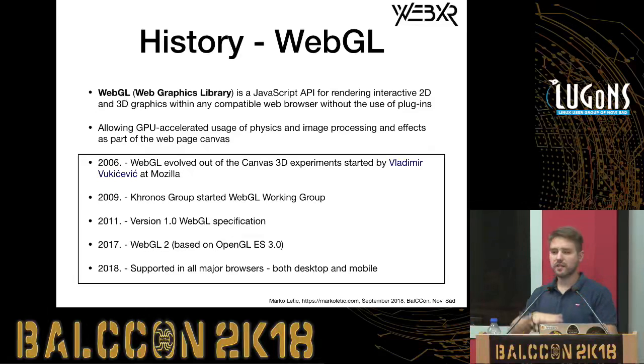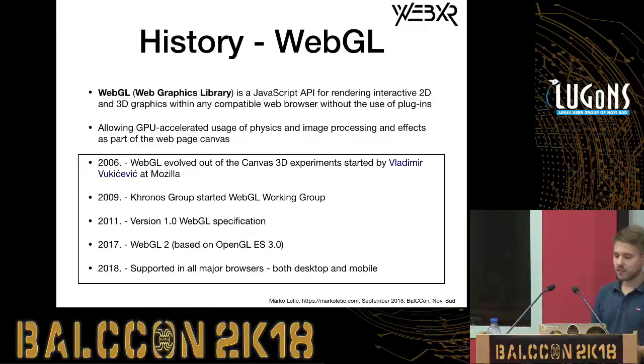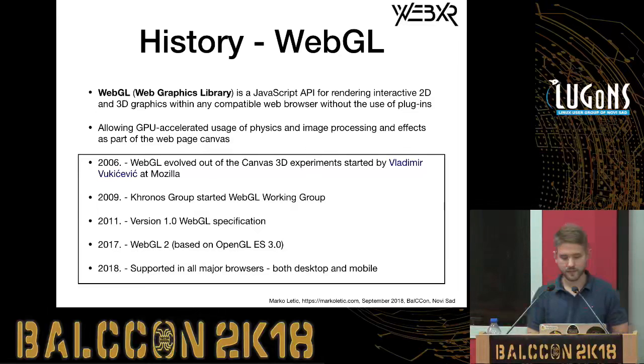We're just having stacks upon stacks, but at the core of everything is WebGL. It allows GPU accelerated usage, so we can use images, textures, whatever, and project them onto the web canvas.